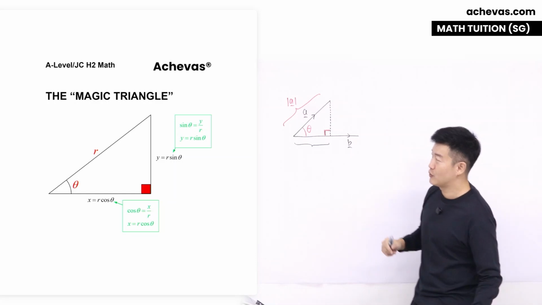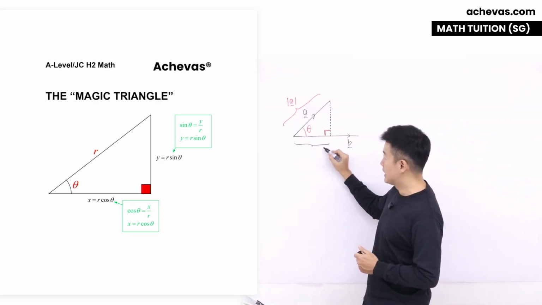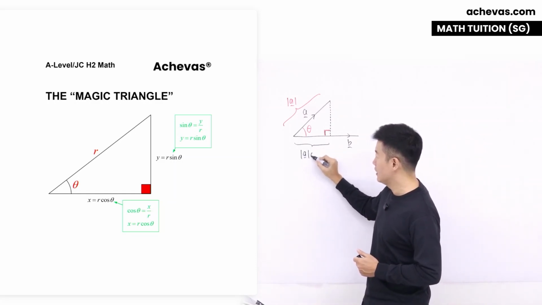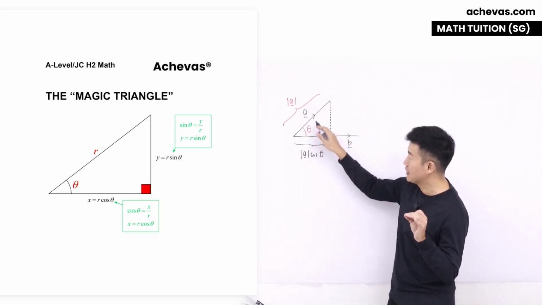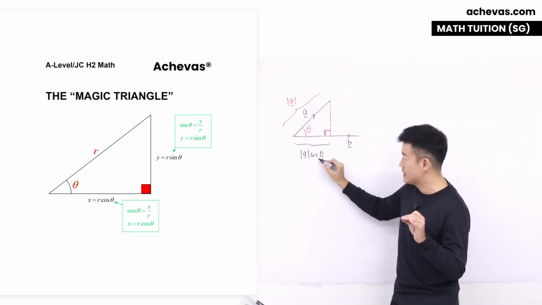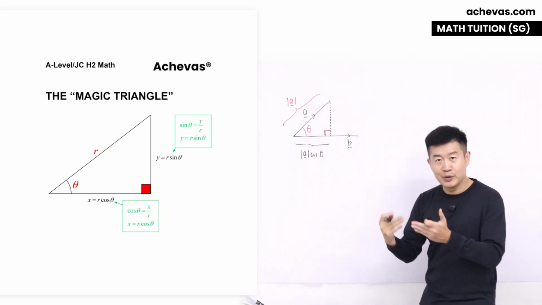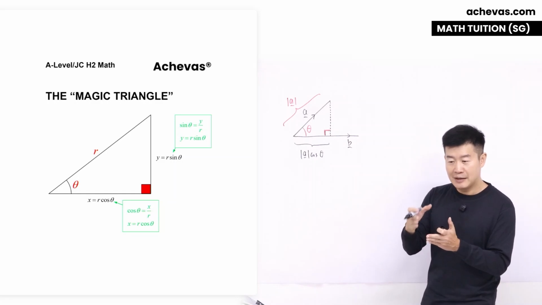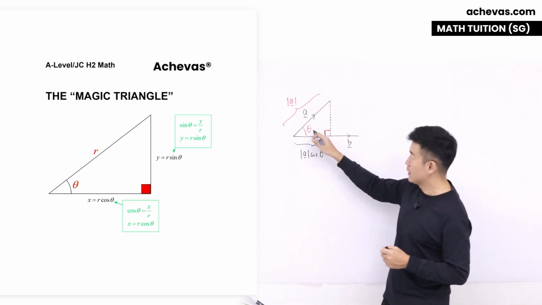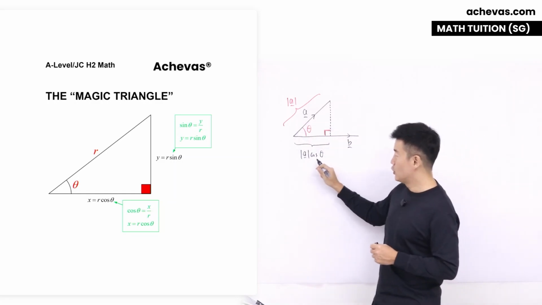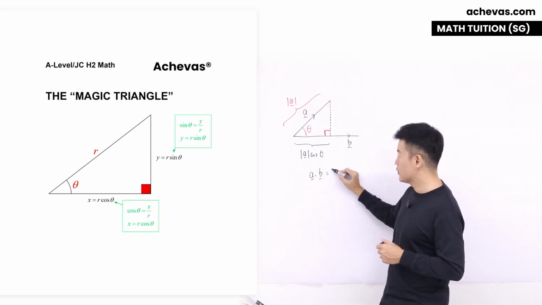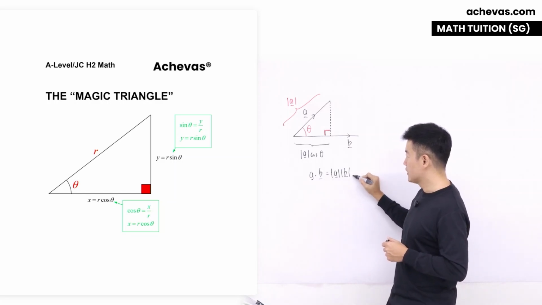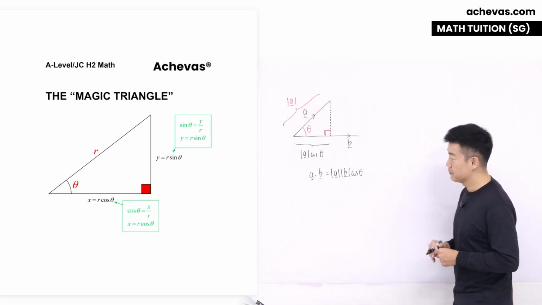Then, using what we have learned in secondary school, we know that this length here is modulus of A cosine theta. Because we have chosen theta to be the angle between two known vectors, and now we see cosine theta, I'm going to bring in the dot product, because the dot product involves cosine and the angle between two known vectors. So A dot B is equal to modulus of A, modulus of B, cosine theta.